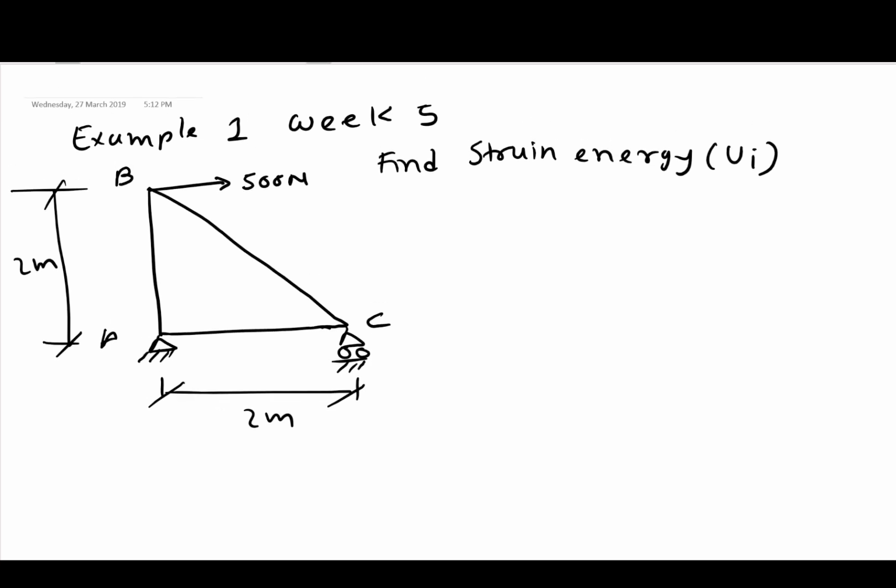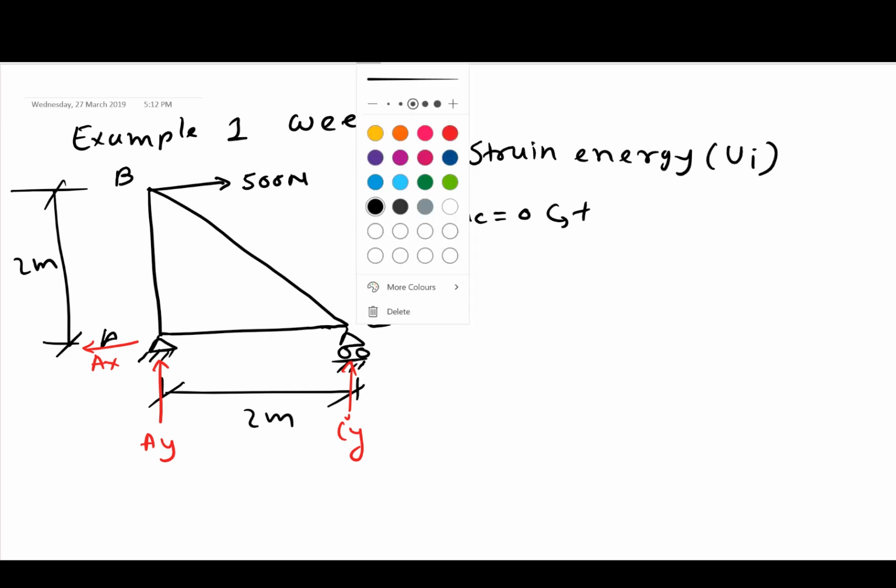To find the member forces, we first find the reaction forces, let's say AY and AX. We can remove the supports, and another reaction force is CY. To find the reaction forces, sum of the moment at point C equal to 0, anti-clockwise is positive.